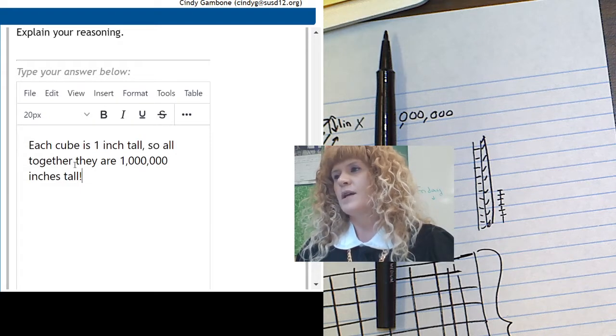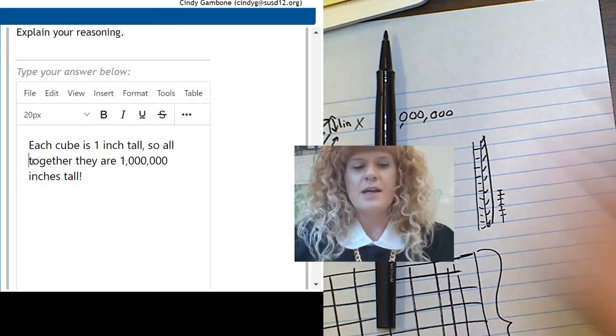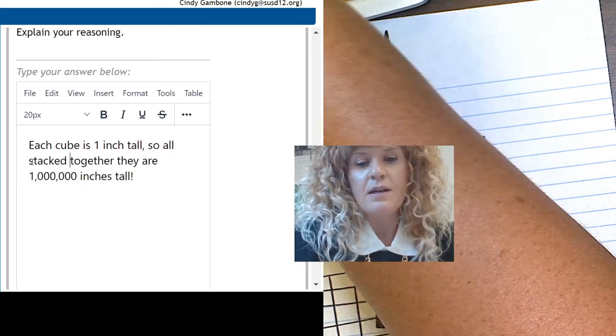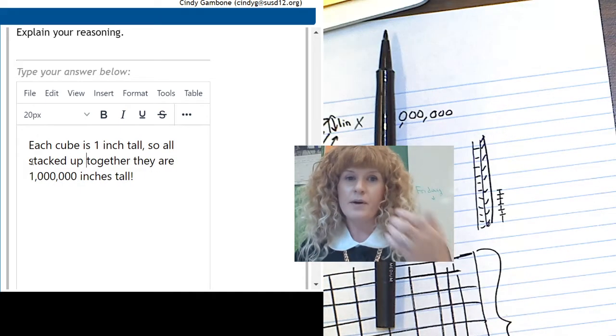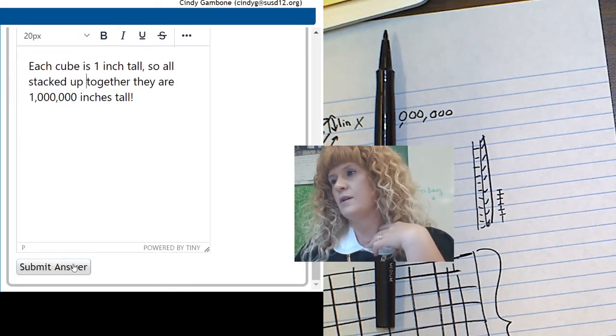I said so all together, I mean so stacked. Let me change that. So stacked up all together, they are 1 million inches tall.